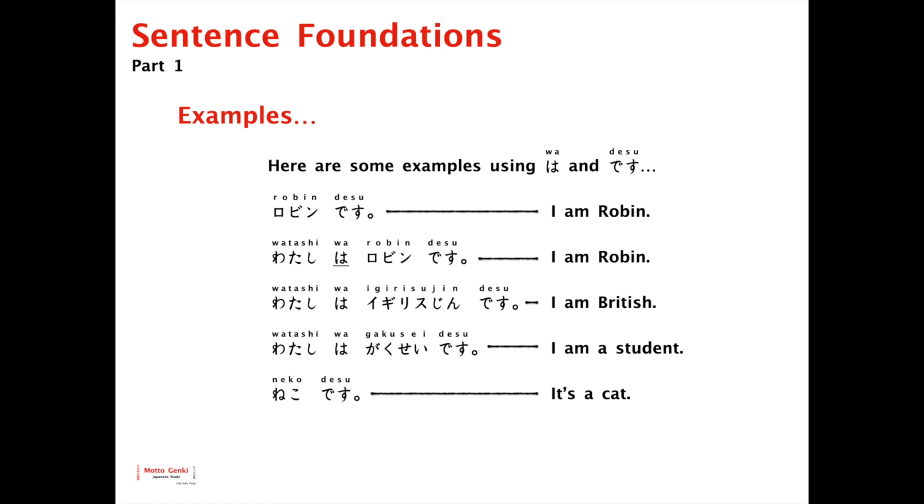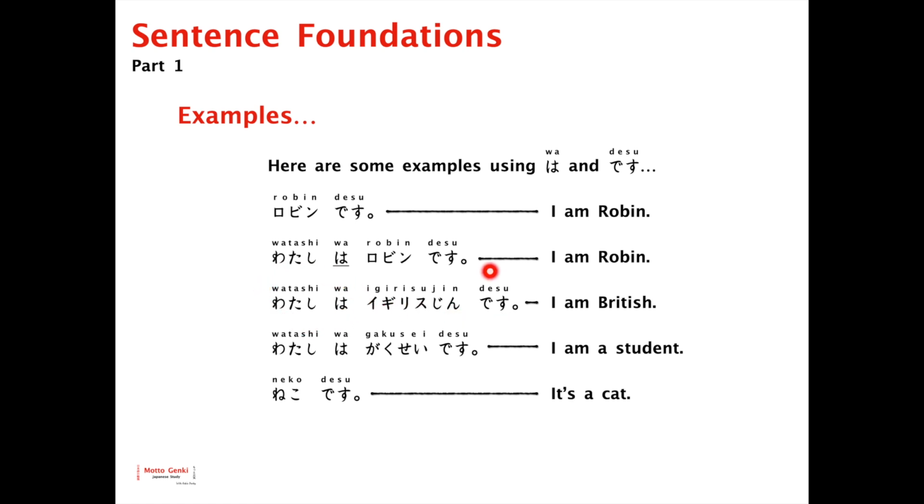Right, the next part, I am British. Watashi wa Igirisujin desu. I am British. We're going to talk a little more in a minute about this, jin, to refer to nationality. But for now, we'll just look at watashi wa. So the thing that we're talking about is me.